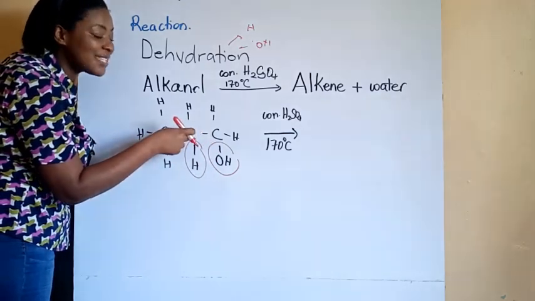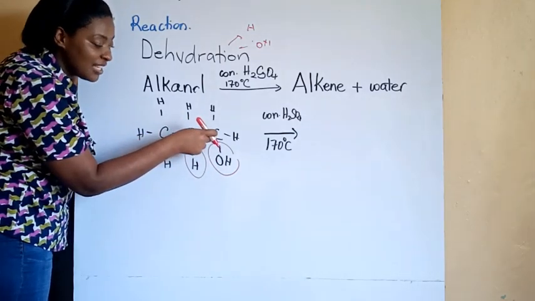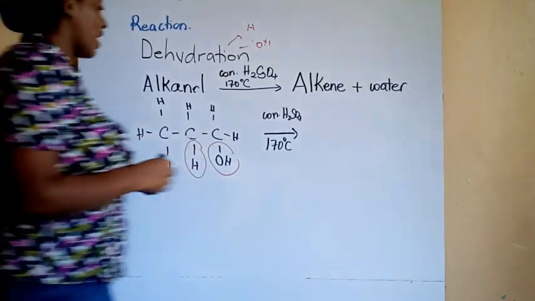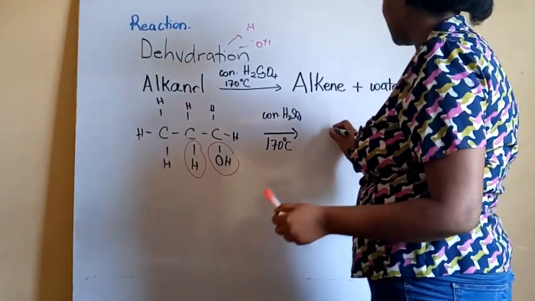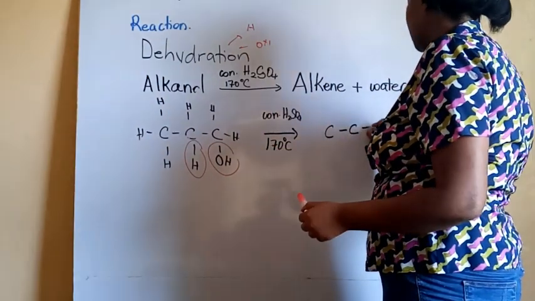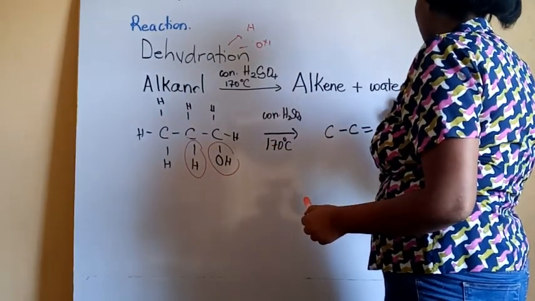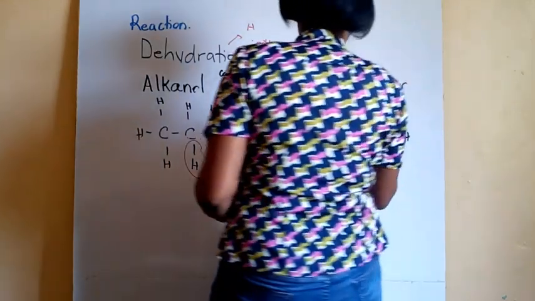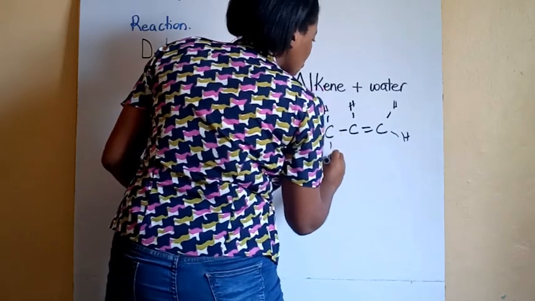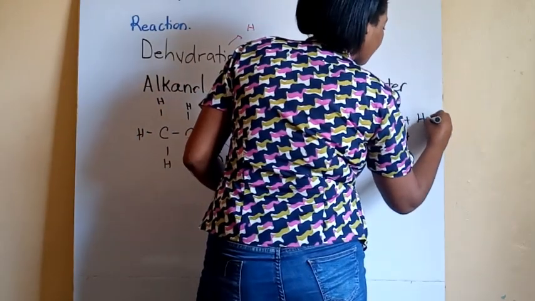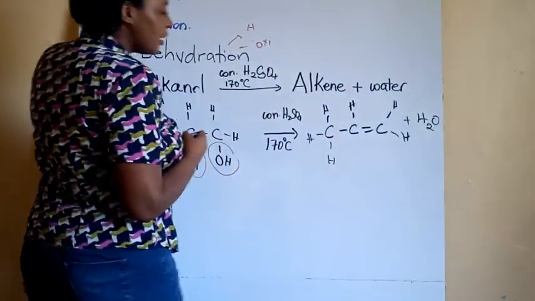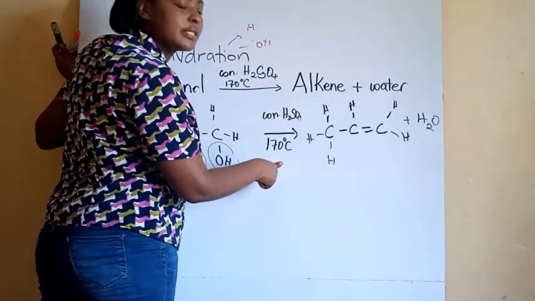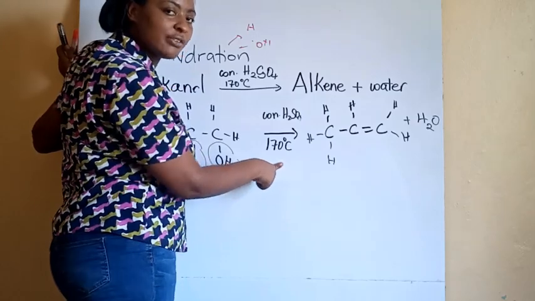Now, the carbon which is beside this, this one, so we're going to take off that H. And when we take off that H, we have our double bond forming, so we'll be left with 1, 2, 3, C double bond, H there, an H here, one H up here, and three H's right there. Also remember that water is formed. So again, it's concentrated sulfuric acid, 170 degrees Celsius is the condition for this reaction.